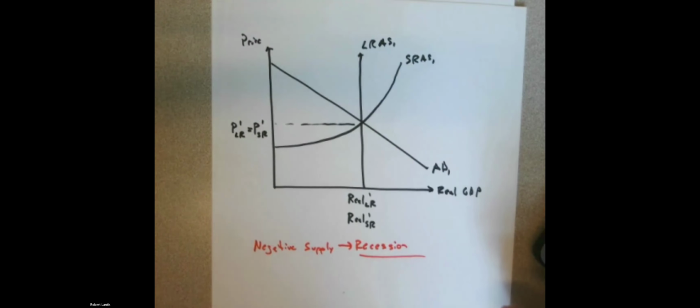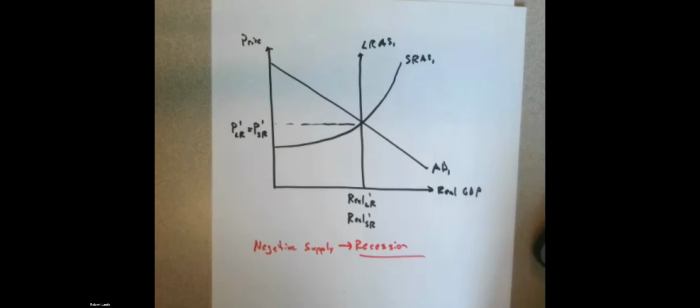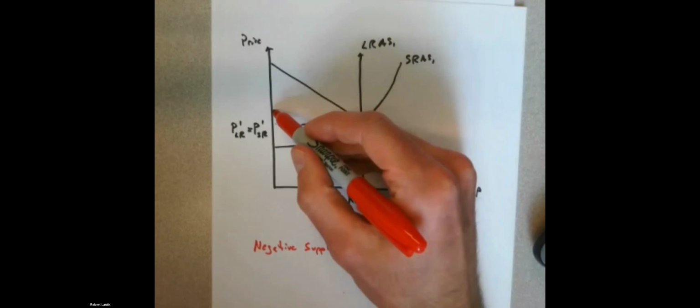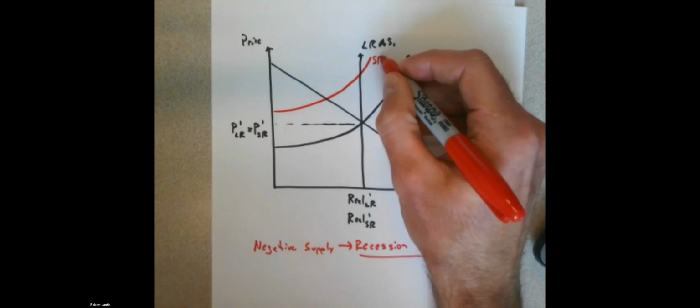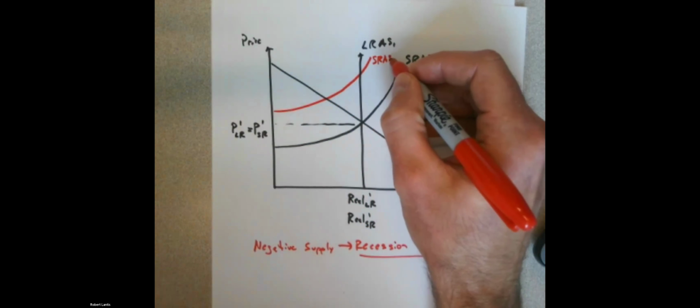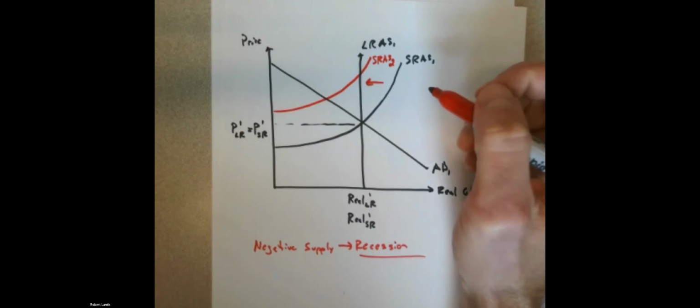So this might be something like currently we have just fewer workers. That means in this short run, we have fewer workers to produce output. At every price level, our output decreases. So that's one way of thinking about that when we're just focusing on the short run aggregate supply curve earlier.